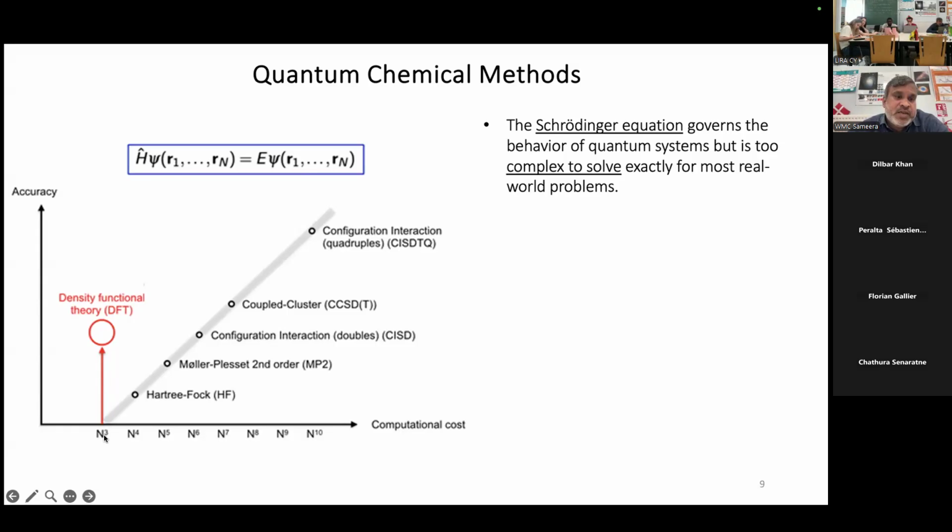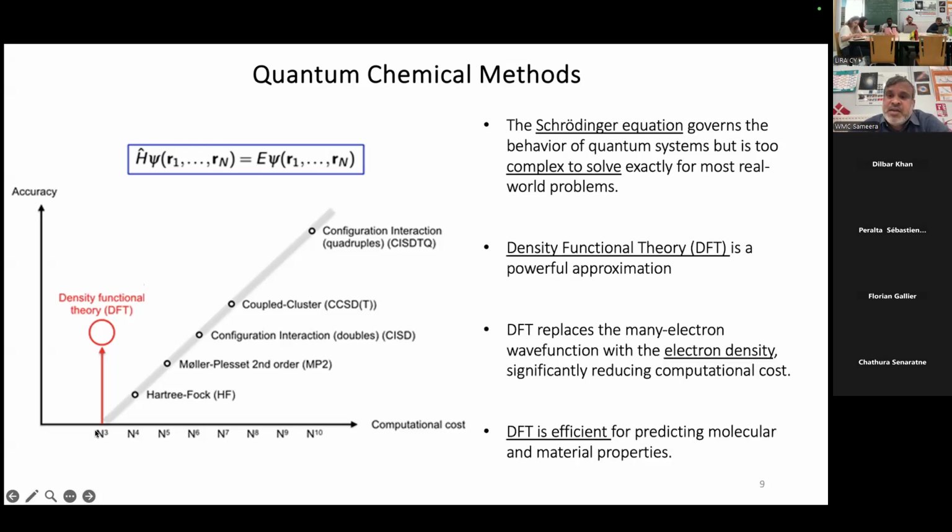The most popular method nowadays is density functional theory. It is a very good approximation, and we can solve the equations in DFT using relatively simple computers like personal computers if your system is quite small.